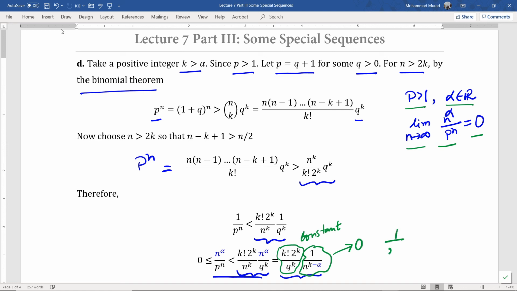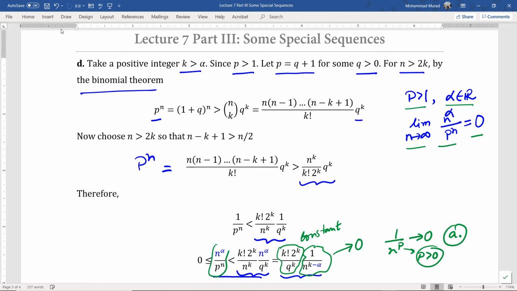since 1 over n to the p approaches 0 by part A if p is positive. So, by the squeeze theorem, now the result follows.